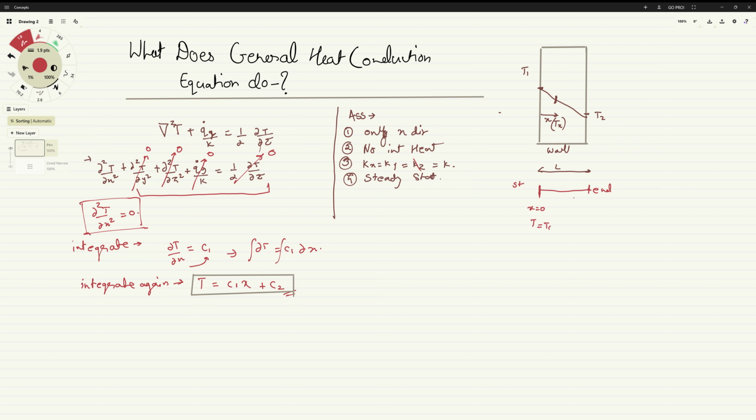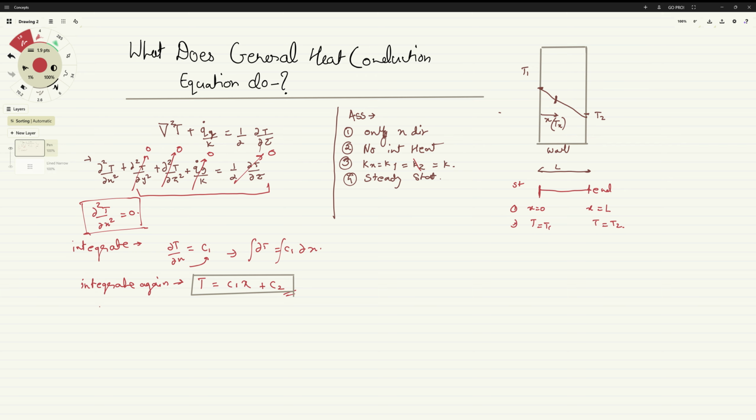At the end of the wall, x equals the total length of the wall, which is L, so the temperature is going to be T2. These are the two different boundary conditions: condition 1 and condition 2.